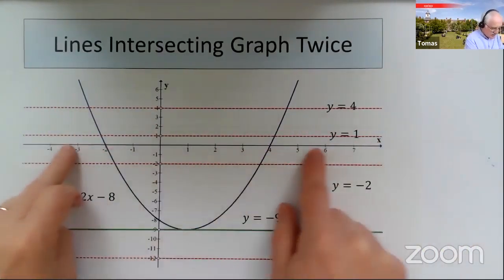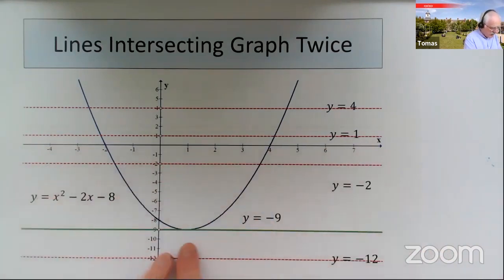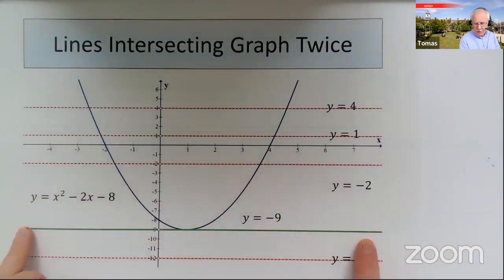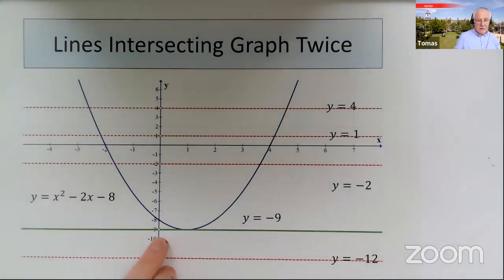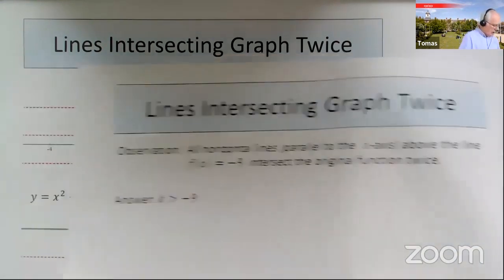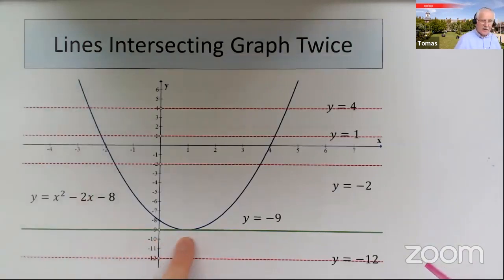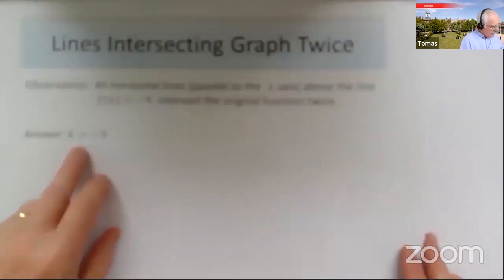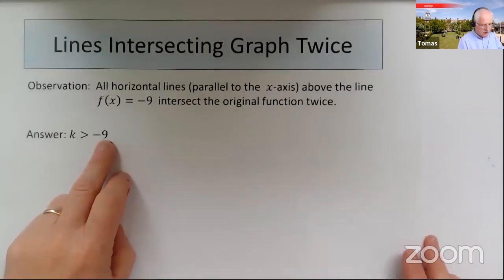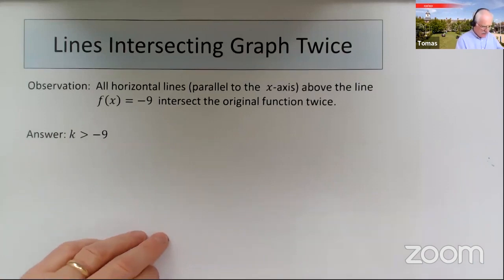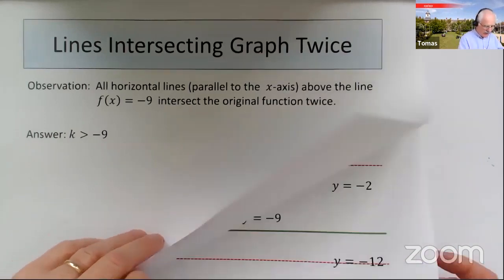So does this, so does the x-axis all the way down. But this one here only intersects it once. And how would you find it? Well, they wanted you to do it by eye. So by eye, you'd say, I think it's around -9. So y equals -9. So any line above -9 will intersect it twice. And that's if you were asked to do it by eye.